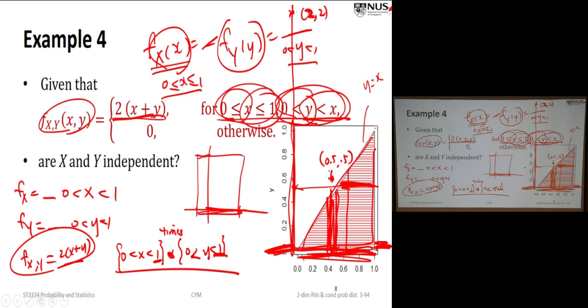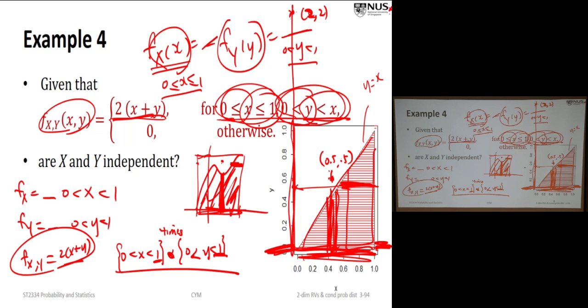If my joint PDF is defined only over this range, then obviously x and y are not independent, because there is some point here for which the joint PDF is 0, while the marginal of x at this point is non-zero, because we have density over this part. And y at this value is non-zero because we have density over this part. So f of x is non-zero, f of y is non-zero, but f of xy is 0. So therefore, x and y are not independent.